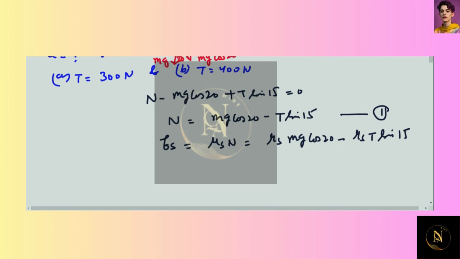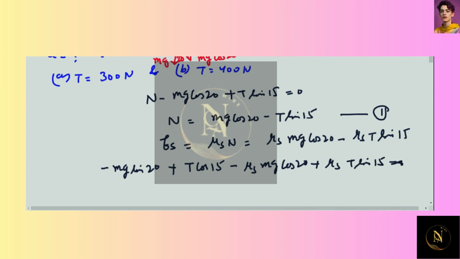T minimum required to move the cart: minus mg sin 20 plus T cos 50 minus mu s mg cos 20 plus mu s T sin 50 is equal to 0.